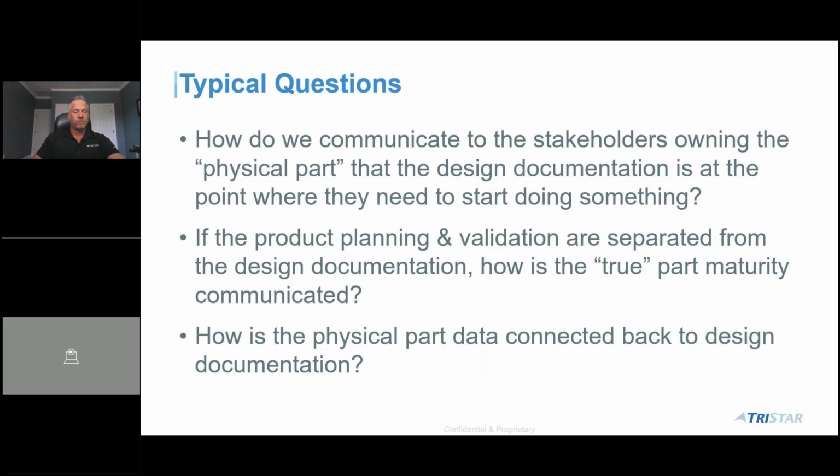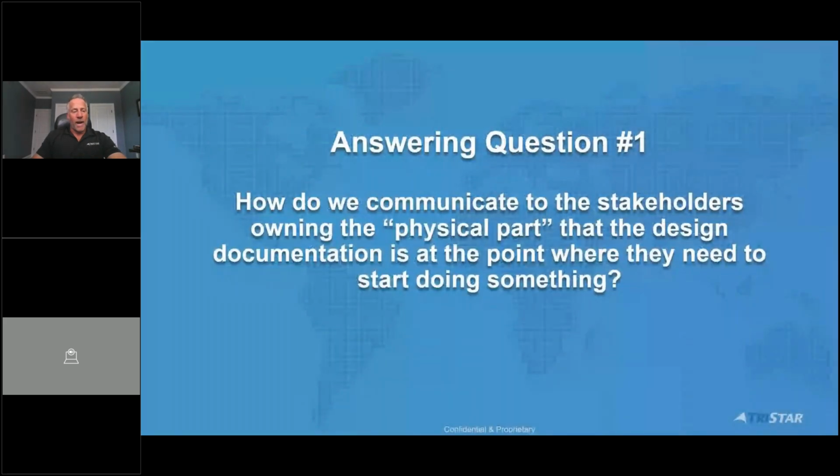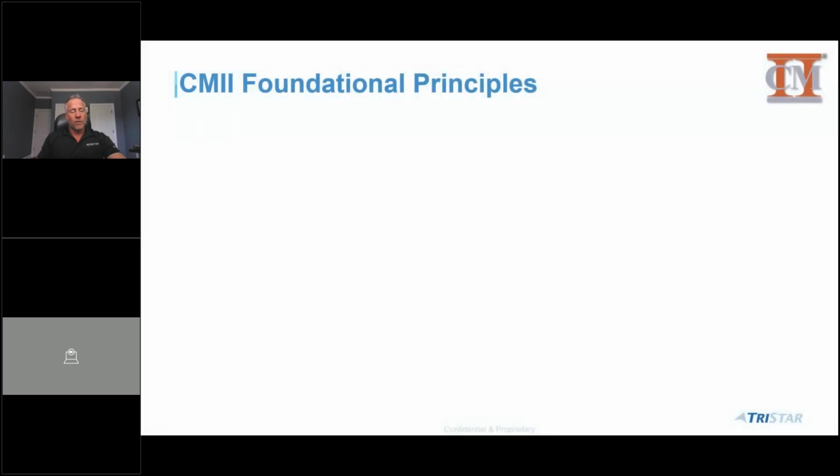As we're answering this, I want to give you some background, and some industry best practices and beliefs that add to this. One of the key things that we preach all the time is the CM2 foundational principles.